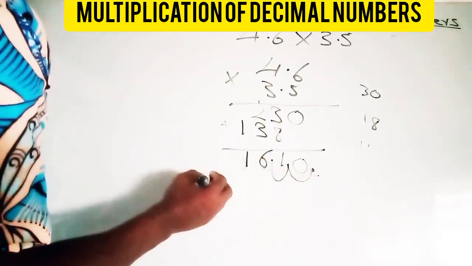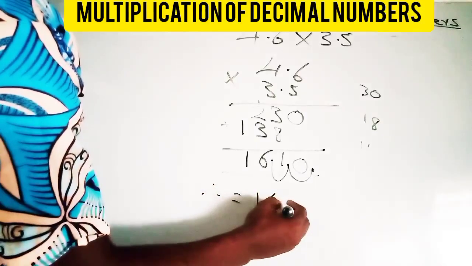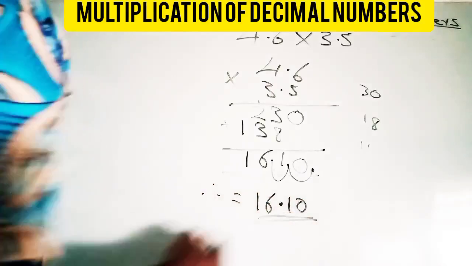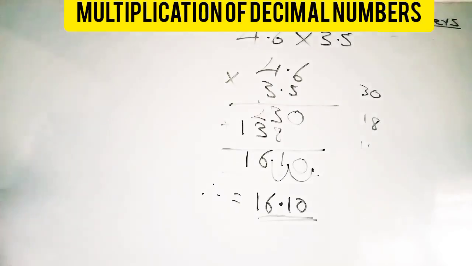So therefore, your final answer is 16.10. Okay, so 4.6 times 3.5 will give us 16.10.